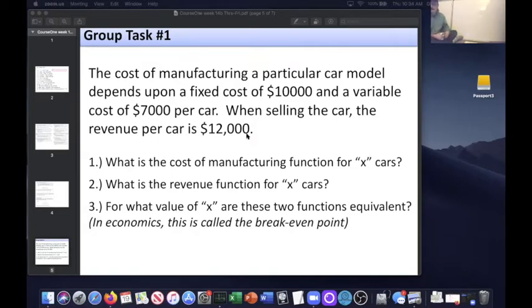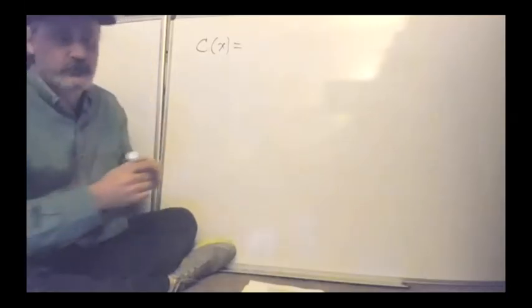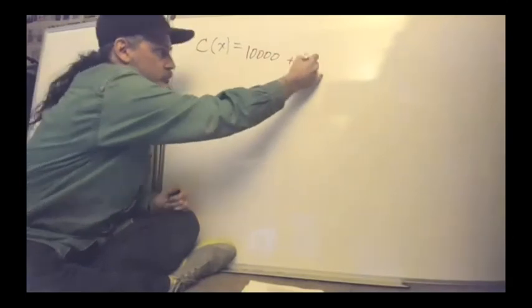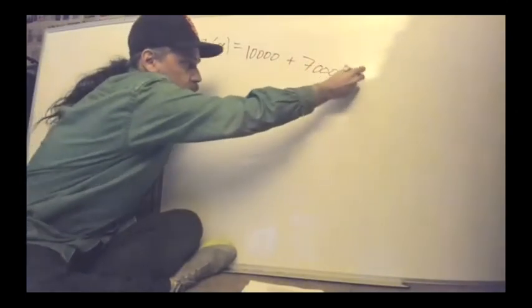All right, so we got two parts to this problem. We got the costs and we got the revenue. So for the first part of the problem, our cost function says fixed cost of 10,000 and variable cost of 7,000. Okay, so 10,000 plus 7,000 times the number of cars.